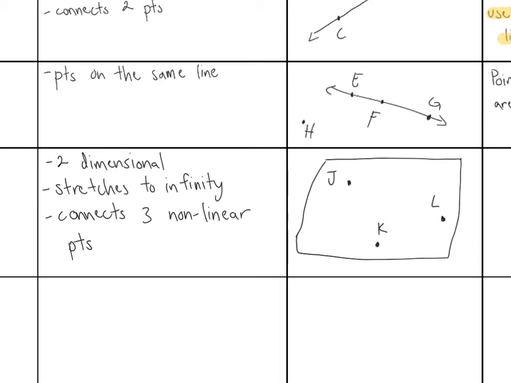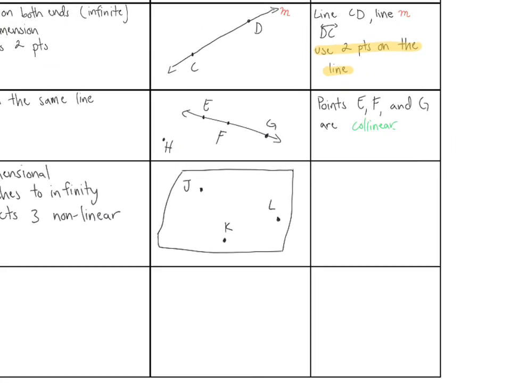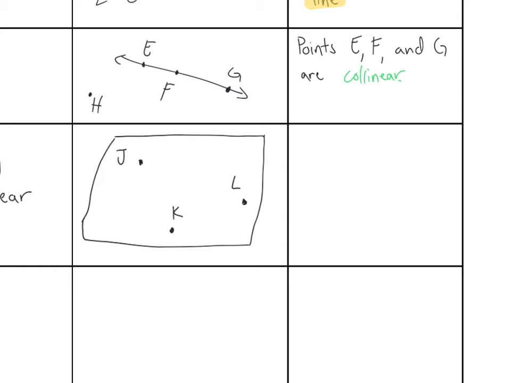All right, now we'll get into naming these planes. There are two ways to name a plane. The first is you write the word plane, and we do need to use 3 points for this one. Those points are going to be on the plane. So we have J, K, and L, so plane J, K, and L. Another way you might see a plane named is with an uppercase script letter, or maybe just an uppercase letter, but there's no point.